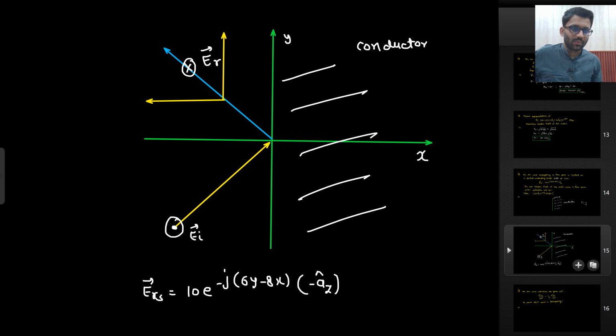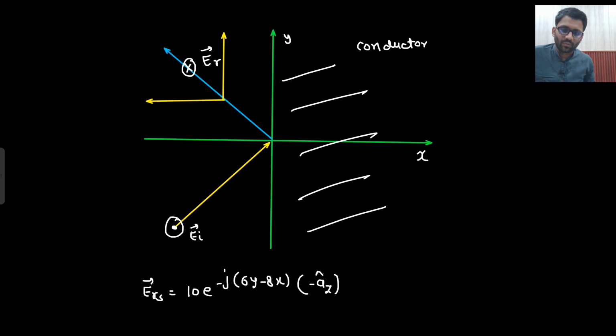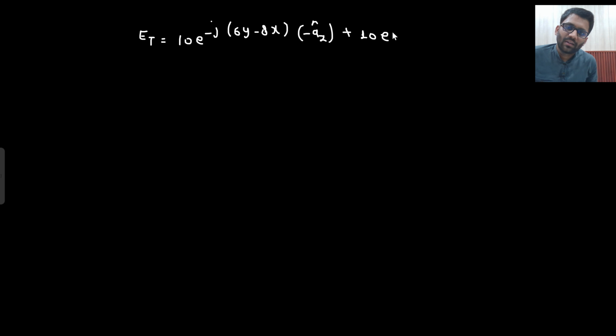Now I just need to add them up. So E total I need to find. What would that be? Tan e to the power minus j (6y minus 8x) minus az cap, plus tan e to the power minus j (6y plus 8x) az cap.